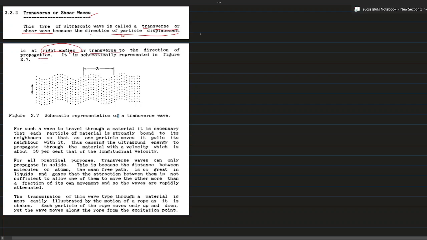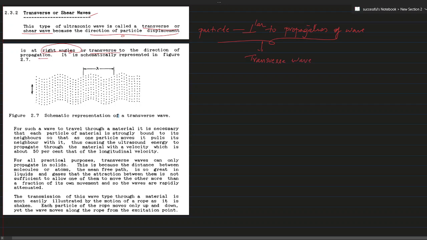You understand, right? Particle movement is perpendicular to the propagation of the wave, so it is called a transverse wave.